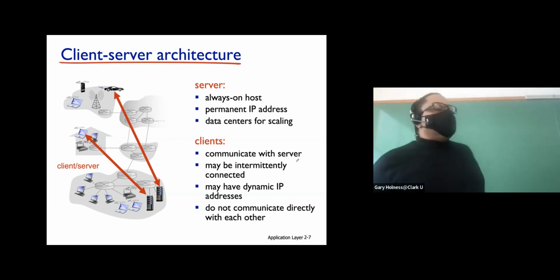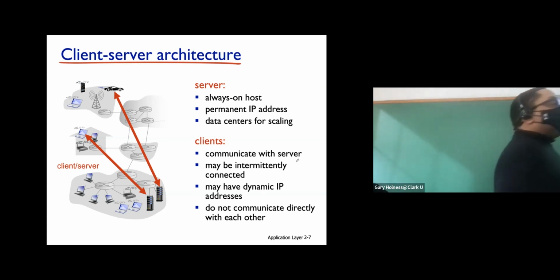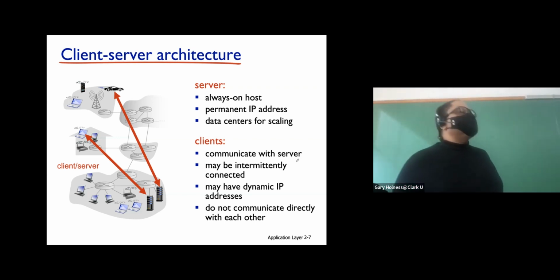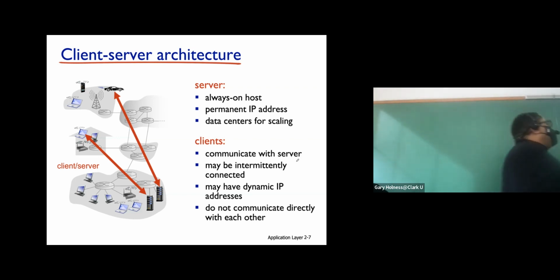When you open up your browser and you type, for example, www.cnn.com or canvas.clarku.edu, your browser is a process on your machine, and that clarku.edu is a process on a server in a data center managed by Clark University. Now, I'm not sure if Canvas sits in Canvas's data center or if Canvas for Clark sits in Clark's data center.